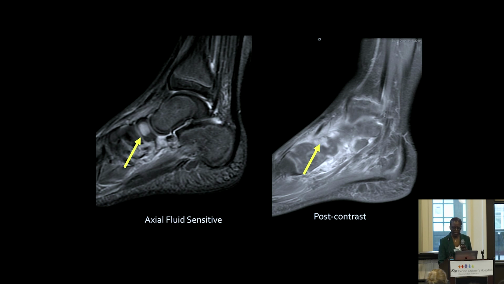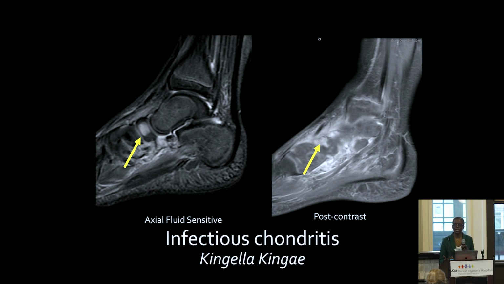And then following gadolinium, it enhances, and then there's exuberant surrounding soft tissue enhancement. So what is this? It's not osteomyelitis, it actually ends up being an infectious chondritis, and the organism here is Kingella kingae. So in the younger kids, like Dr. Sabatini said, when we get culture negative, a lot of times these infections are probably going to be Kingella.